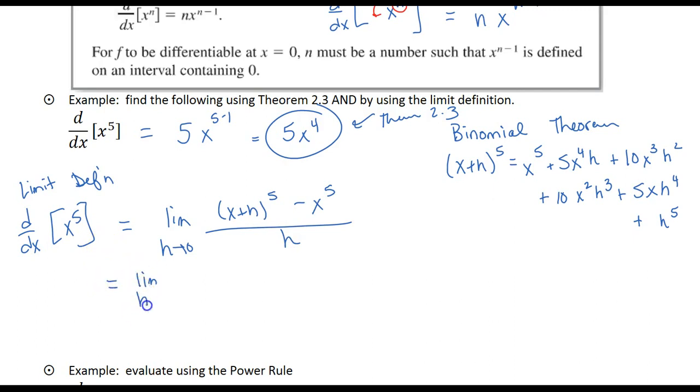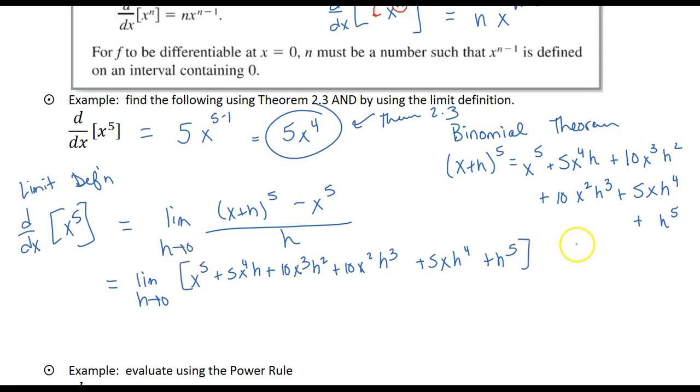This is the limit as h approaches 0 of this whole long thing here, x to the 5th plus 5x to the 4th h plus 10x cubed h squared plus 10x squared h cubed plus 5x h to the 4th plus h to the 5th all minus x to the fifth, all divided by h.